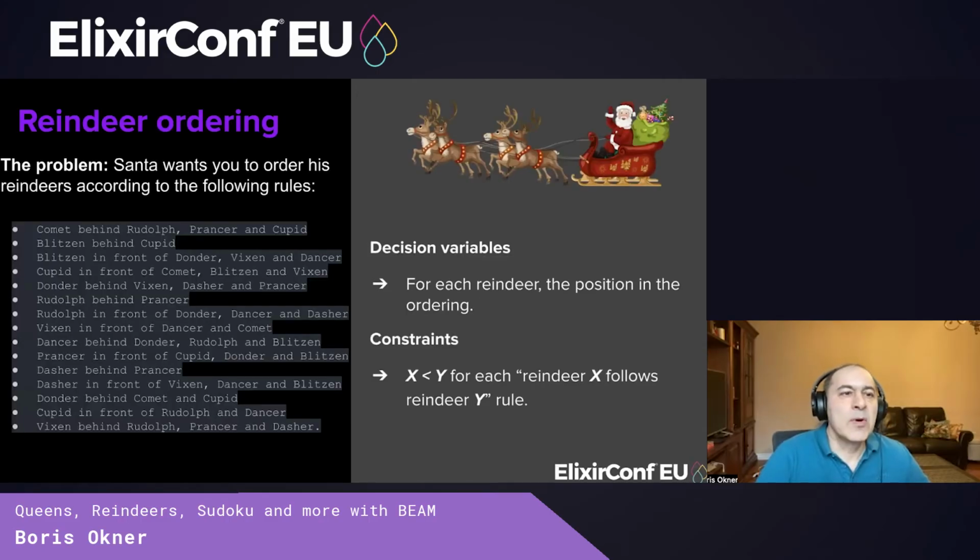So the first example, reindeer ordering. This problem was posted on a decision management community website a few years ago around Christmas time, and it asks us to order reindeers according to some rules.